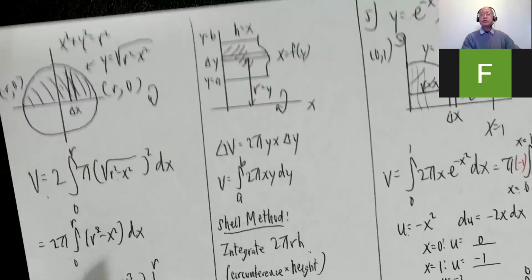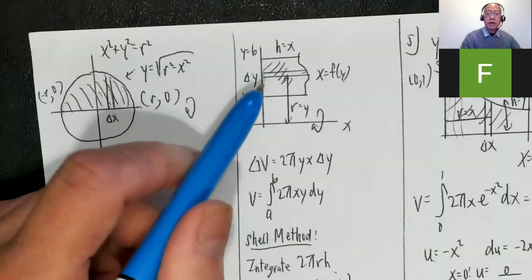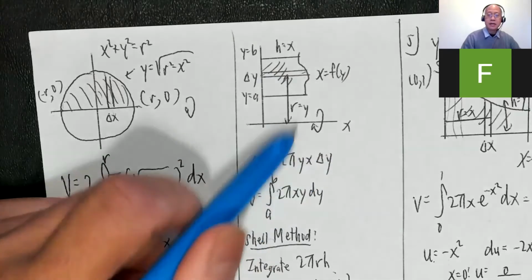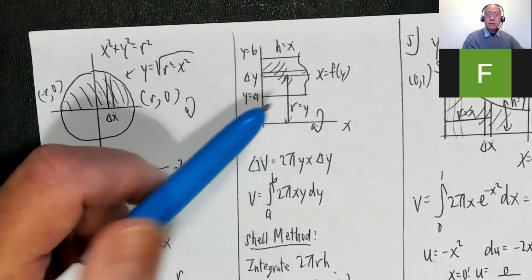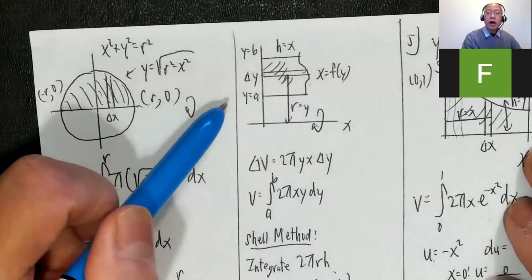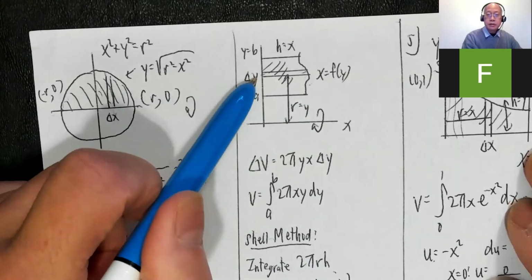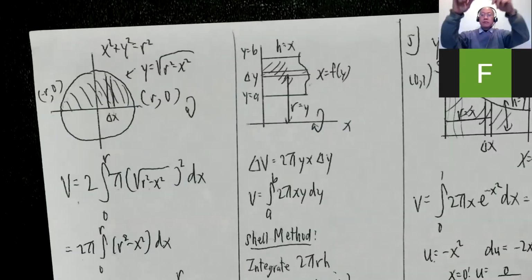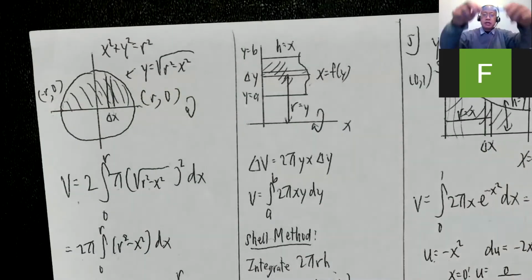Now the other circumstance where you would have a shell is if you slice delta y and spin about the x-axis. So here x is a function of y, and y goes from a to b. I'm spinning like this, going around this way, and again I generate a shell.